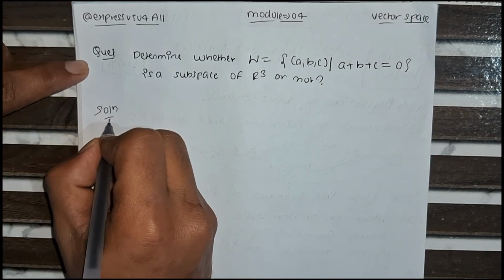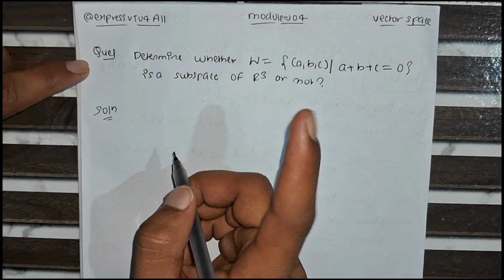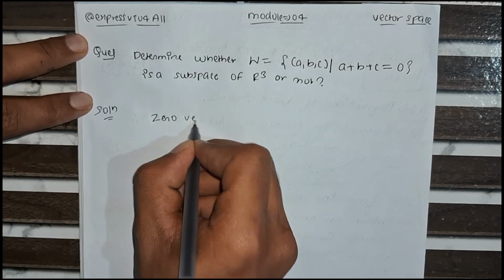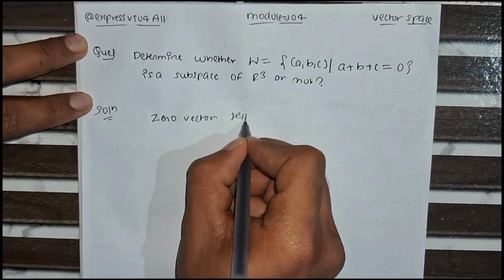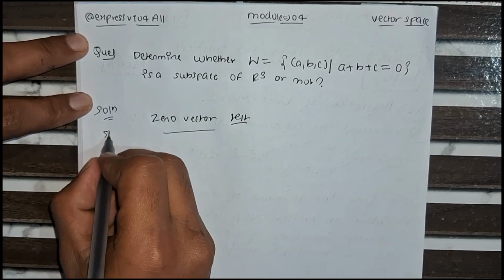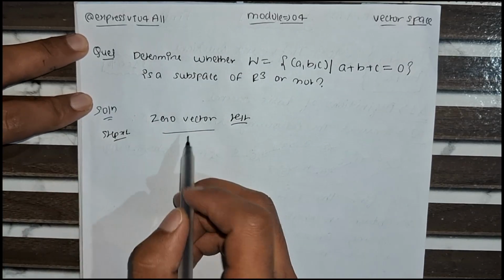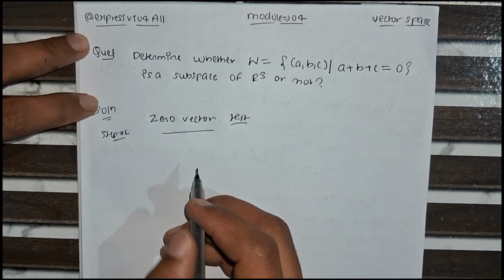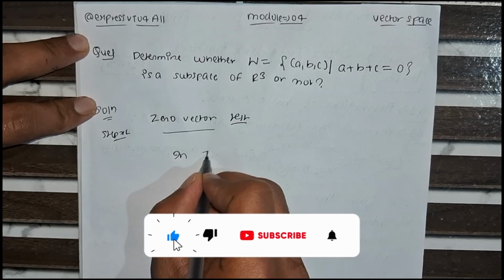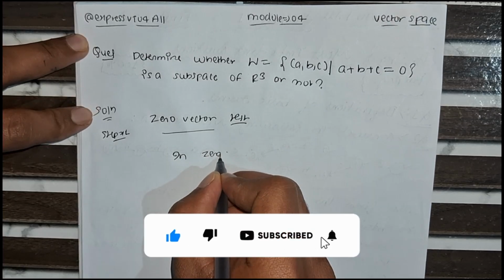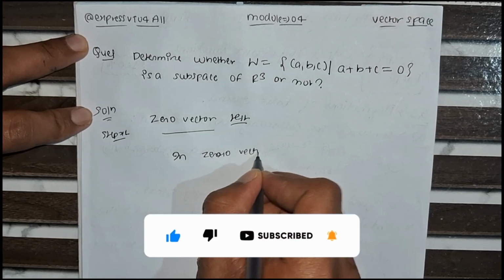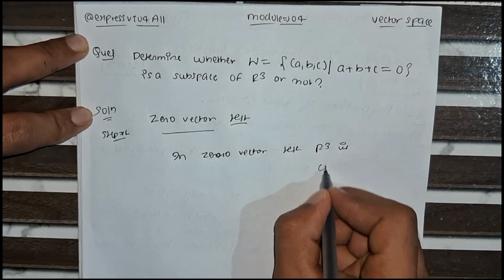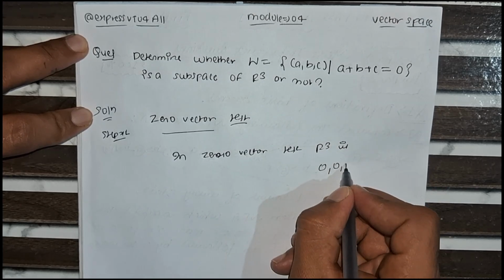This is the solution. So first we check the zero vector test. This is our first step, in which we are checking our first condition, which is the zero vector test. In the zero vector test, in R³, a equals 0, b equals 0 and c equals 0.